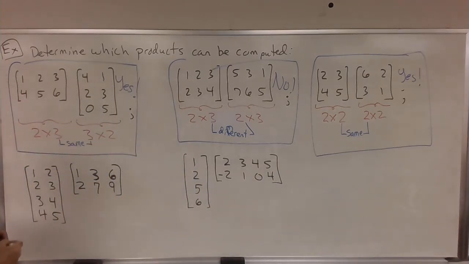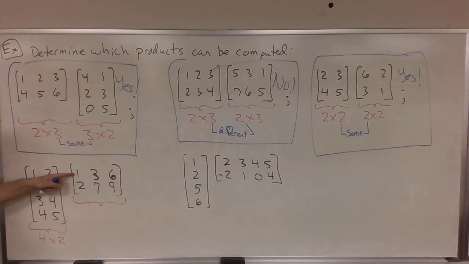Okay, let's look at this pair. This has 1, 2, 3, 4 rows and 1, 2 columns. So this is a 4 by 2 matrix. And this matrix has 2 rows, 1, 2, and 3 columns.